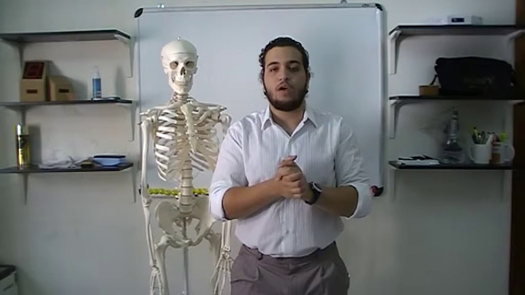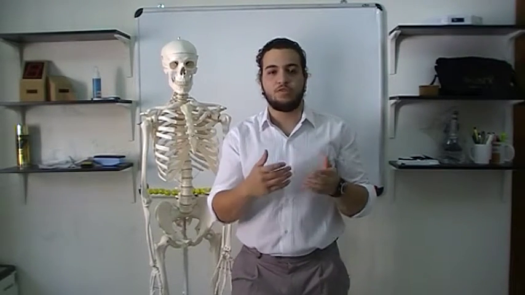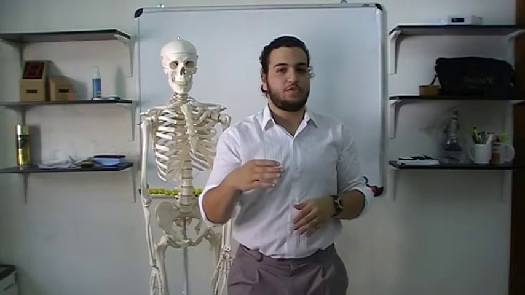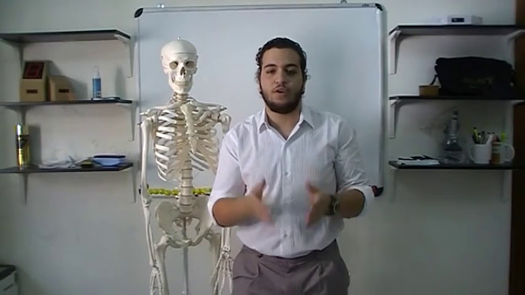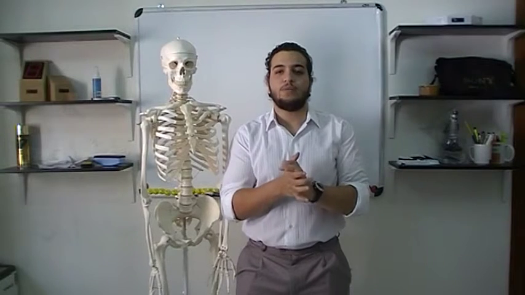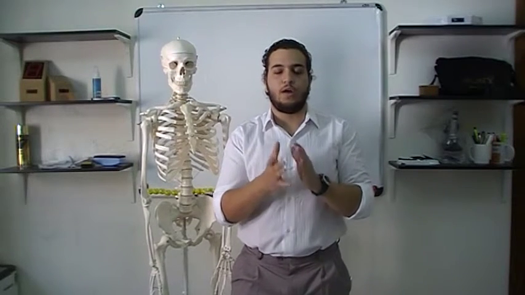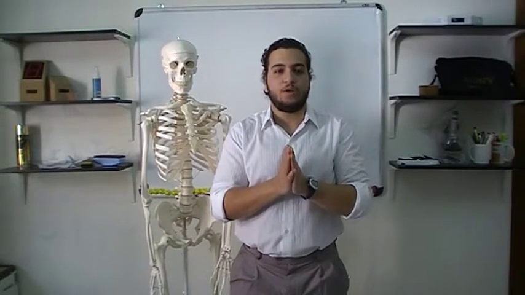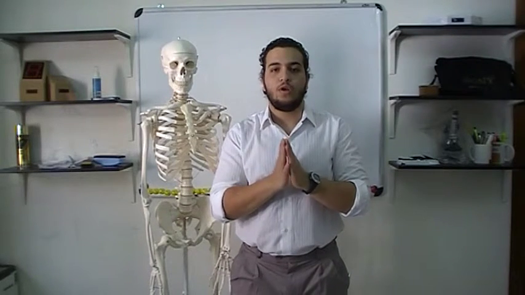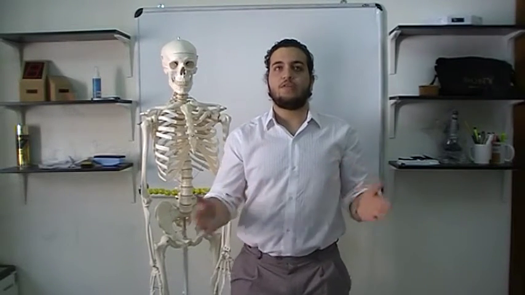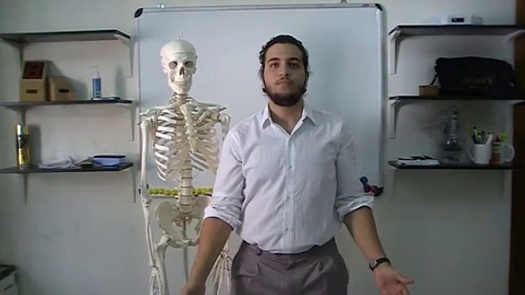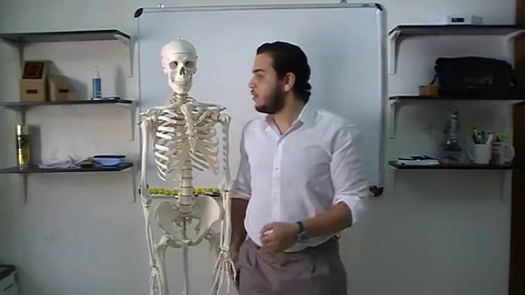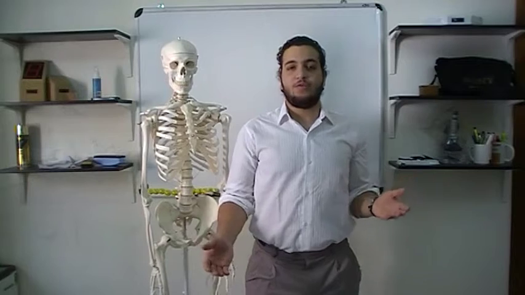We have something called also external and internal. External being on the outside, while internal means being on the inside. And we have another way of describing position, which is supine and prone. Supine means basically lying down on your back. Let's say Mr. Skull here is sleepy. He wants to lie down on his back.